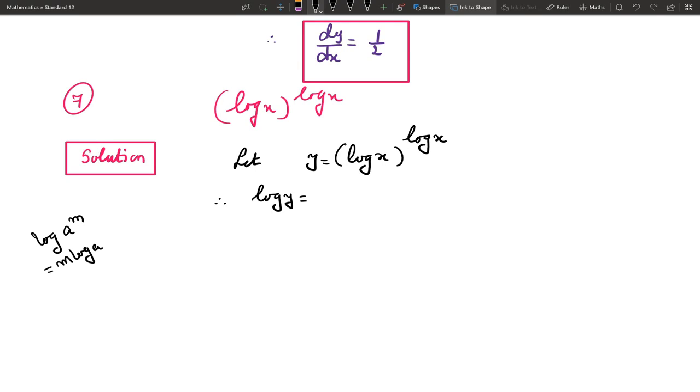So on the right hand side we get log x into log of log x. We have just taken logarithm on both the sides.